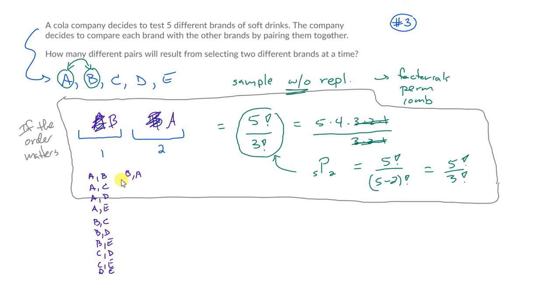So if the order mattered, A then B is different than B then A. AC would be different than CA. AD would be different than DA, etc. I can just reverse all of these, and I get a different selection if the order mattered. What I'm claiming is that the order really doesn't matter, but let's go through the argument to understand a little better what's happening.